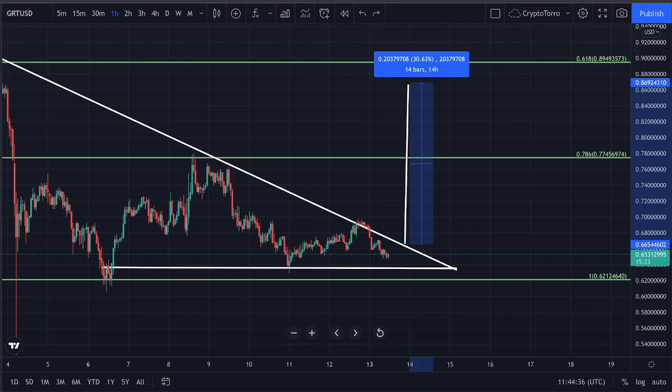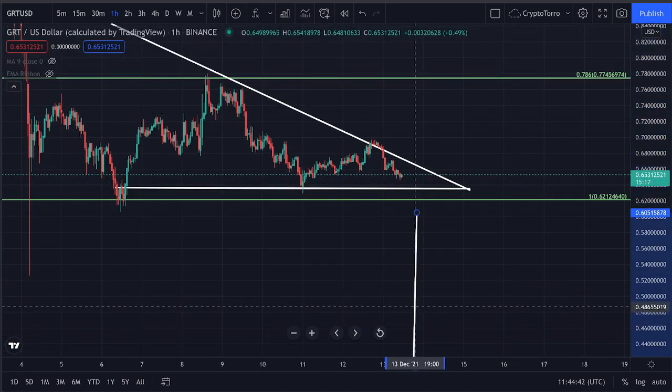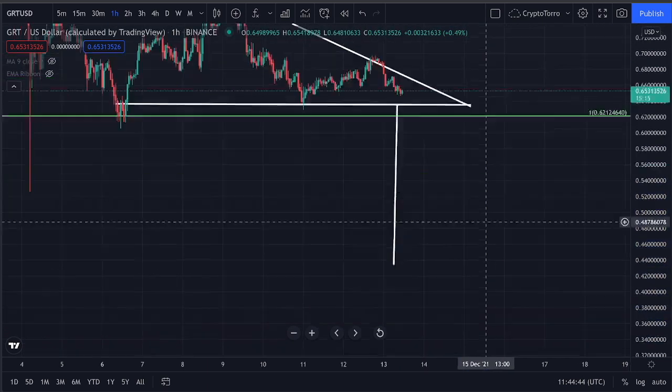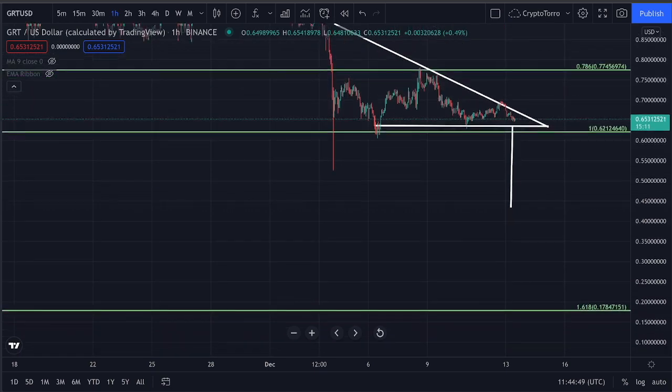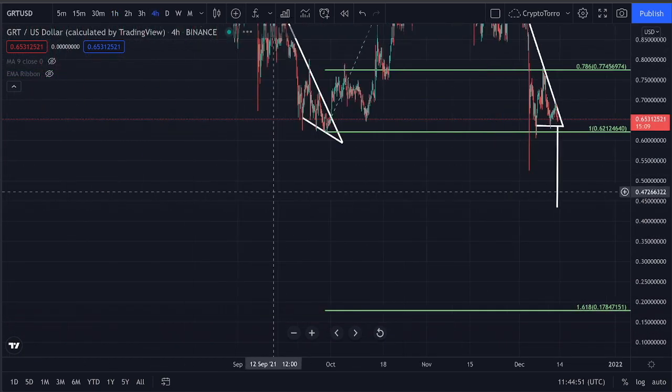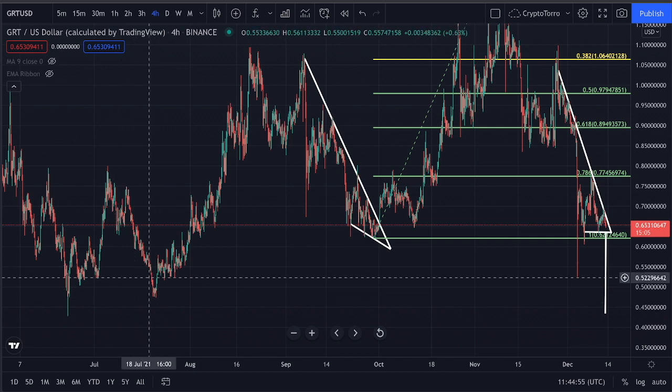As well, if we do see a breakdown on the graph, what is absolutely likely is that we are going to see a 30% breakdown heading all the way towards the $43. What I think is absolutely important is that if we zoom out a little bit further, you can clearly see that the very last time that we were this far below was at the 18th of July.